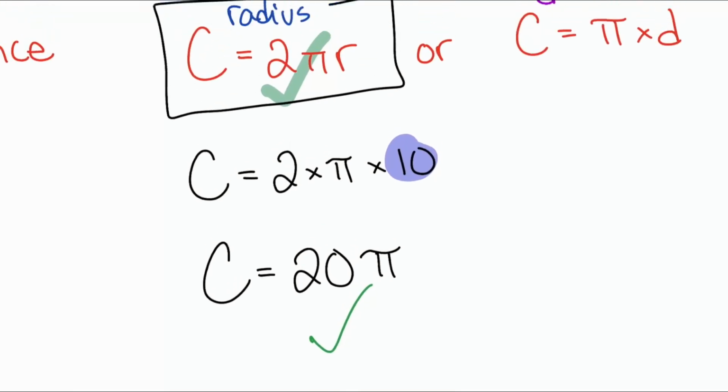Everybody, to get the circumference, what operation did we use? Help me out. To figure out what the circumference was, what operation did we use? Yeah, we multiplied all the way through. 2 times pi times 10. So to get the circumference, we multiplied to get it.